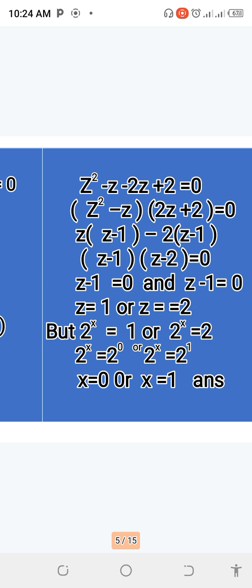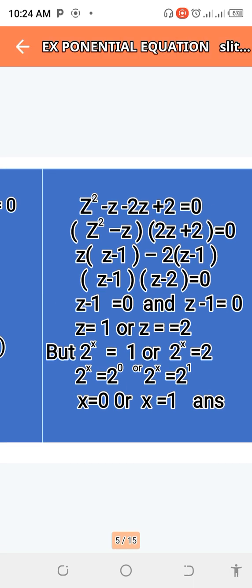Z minus 1, z is equal to 1, or z is equal to 2. That's correct. But 2 exponent x is equal to 1, or 2 exponent x is equal to 2. And 2 exponent x is equal to 1 represents 2 exponent x is equal to 2 exponent 0, because any number raised to power 0 is equal to 1.